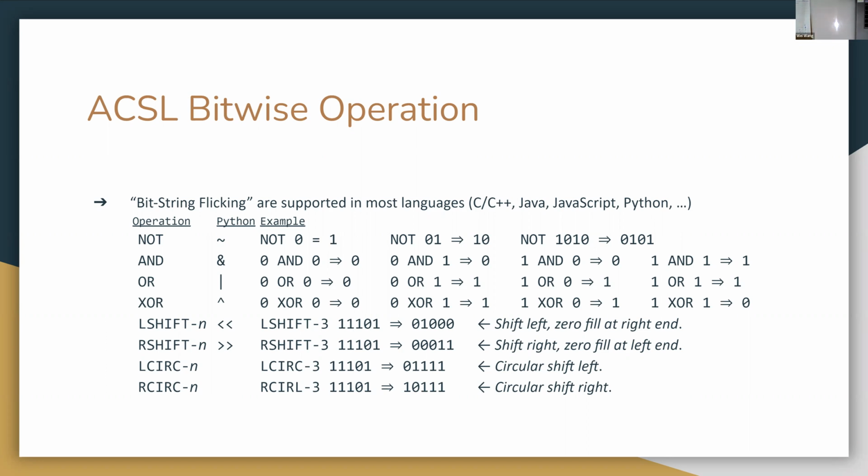So 0 or 1 is 1, 1 or 0 is 1, and 1 or 1 is 1. Sometimes this OR is written as plus. We can see that later on as well.